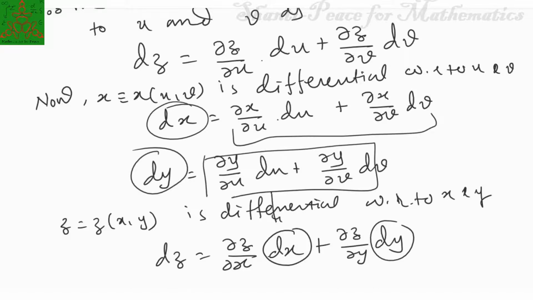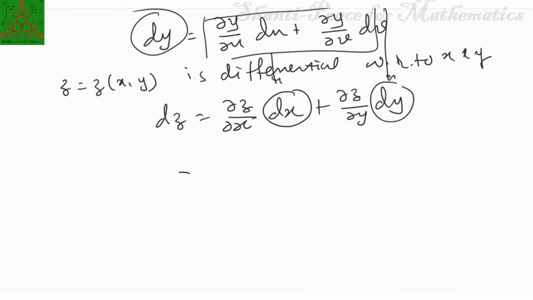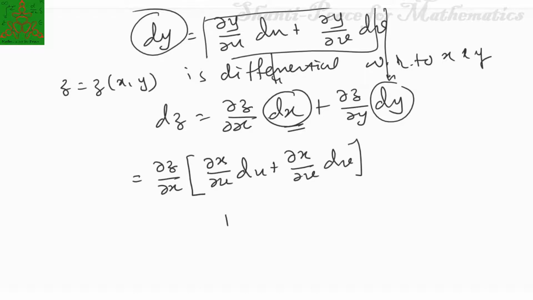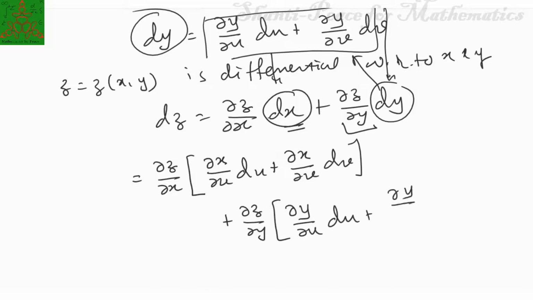here in this formula. So we have this equal to del z by del x, and inside the bracket we have the value of dx, which is del x upon del u du plus del x upon del v dv, plus del z by del y, into dy. The value of dy is here, so it is del y by del u du plus del y by del v dv.